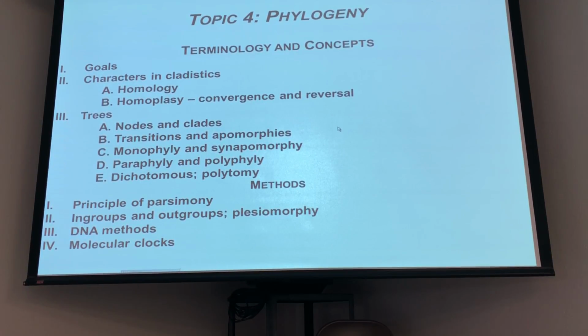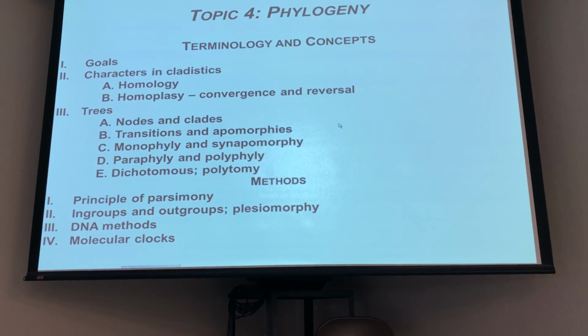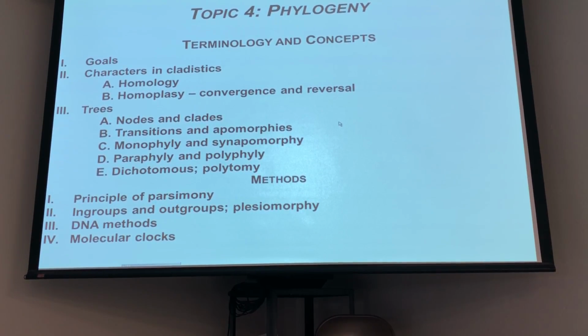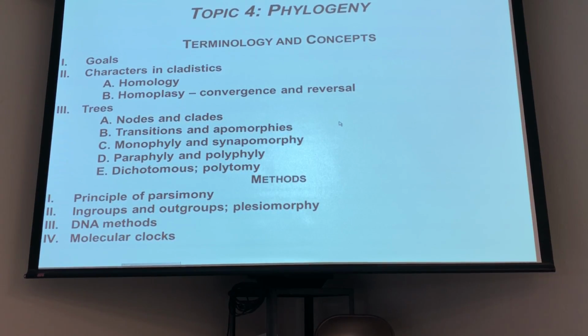Now, a character could be a body part, some kind of anatomical characteristic, or a cell structure. For an animal, it even could be a behavior, as long as the behavior's heritable, which often is. It could be something in the physiology, a type of physiological pathway, a biochemical feature. All of those could be characters.